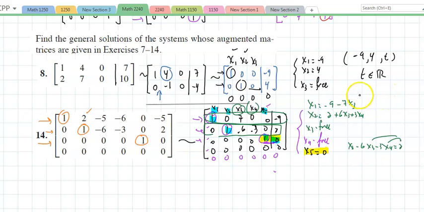So later on we're going to be playing with those and seeing what they mean and all of that stuff.